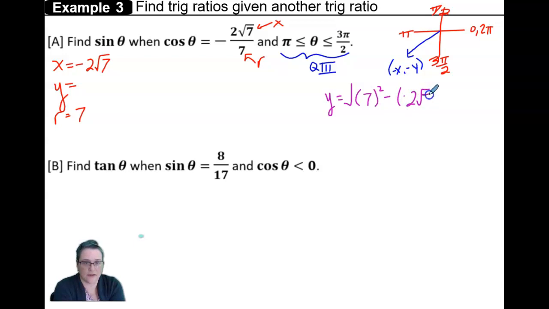Those formulas are on the front of your notes booklet if you are looking for a reference. So then remember there's a plus or minus in front of here.